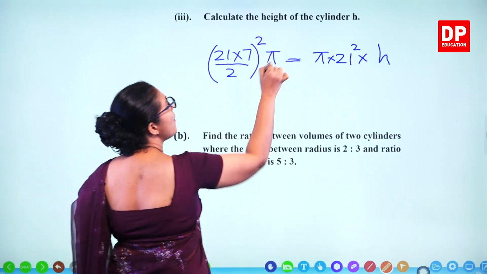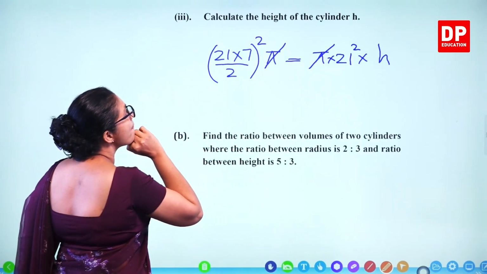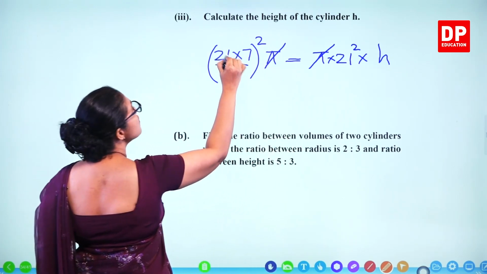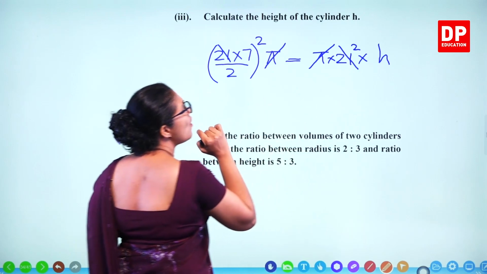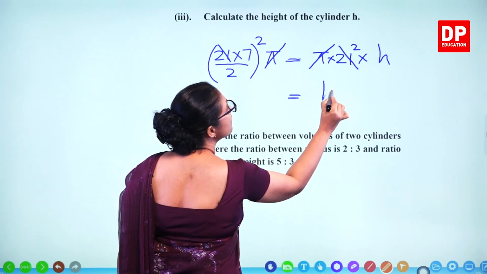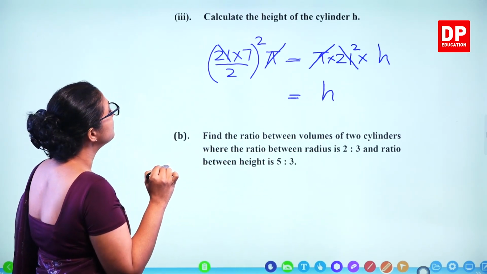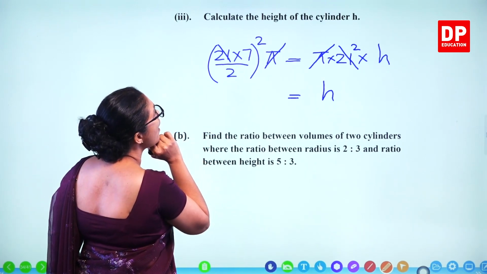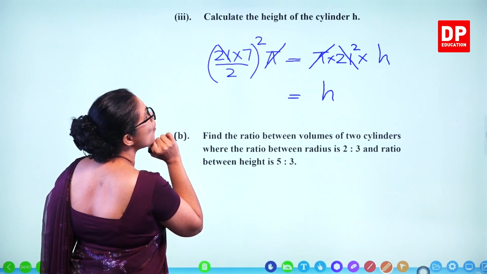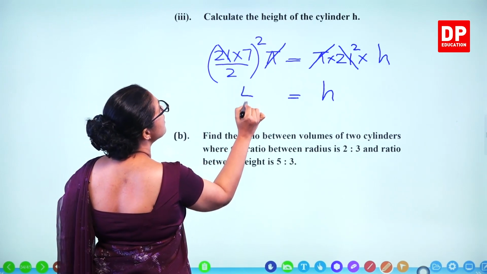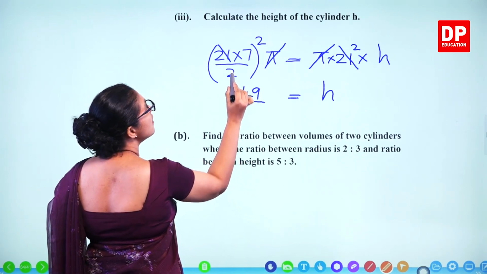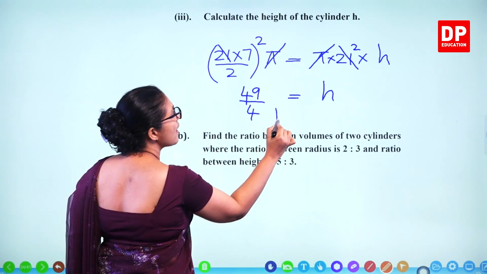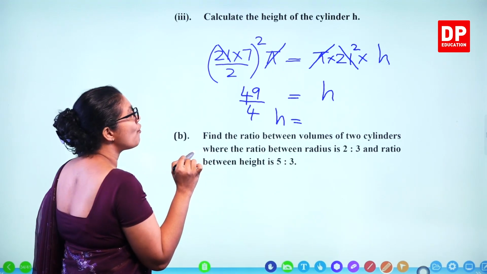Now we can see pi gets cancelled out. Here can you see 21 squared and this 21 squared get cancelled out. So what is h? h becomes 7 squared, 49, over 2 squared, 4. So what's the height? Height becomes 49 over 4.